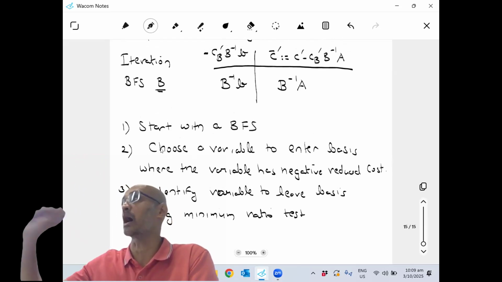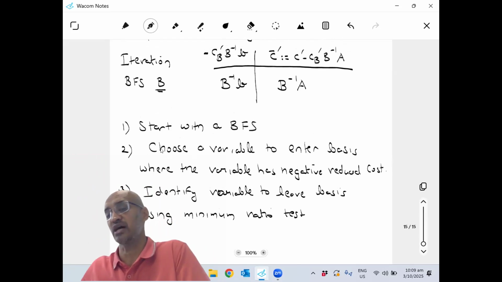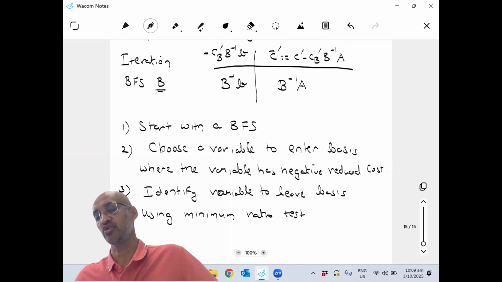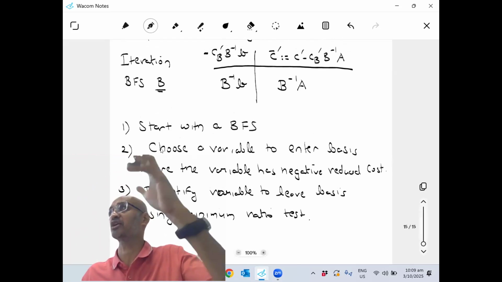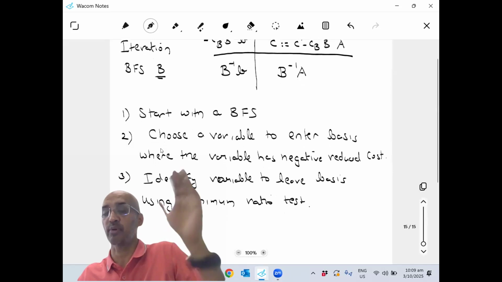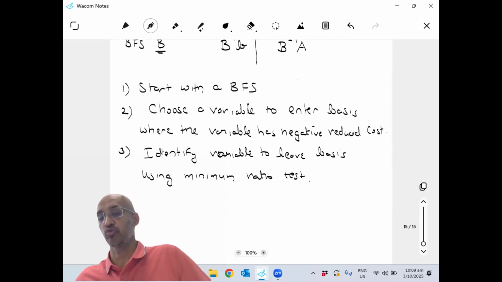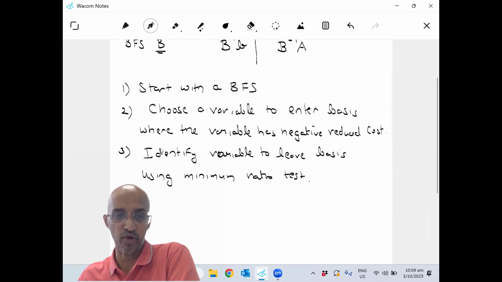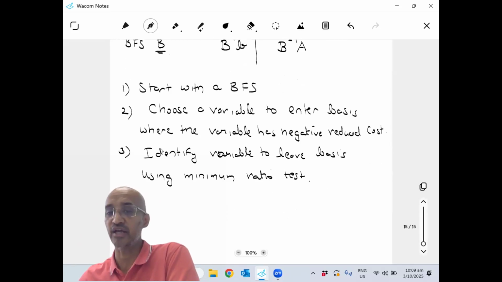So you can't choose theta arbitrarily. You have to choose some theta which you find by this minimum ratio test, and that will force one of the variables to go to zero. So the basic variable is going to become non-basic. This variable is going to leave the basis, and a variable is going to enter the basis. Once we identify the entering and the leaving variable, we're going to do row operations.